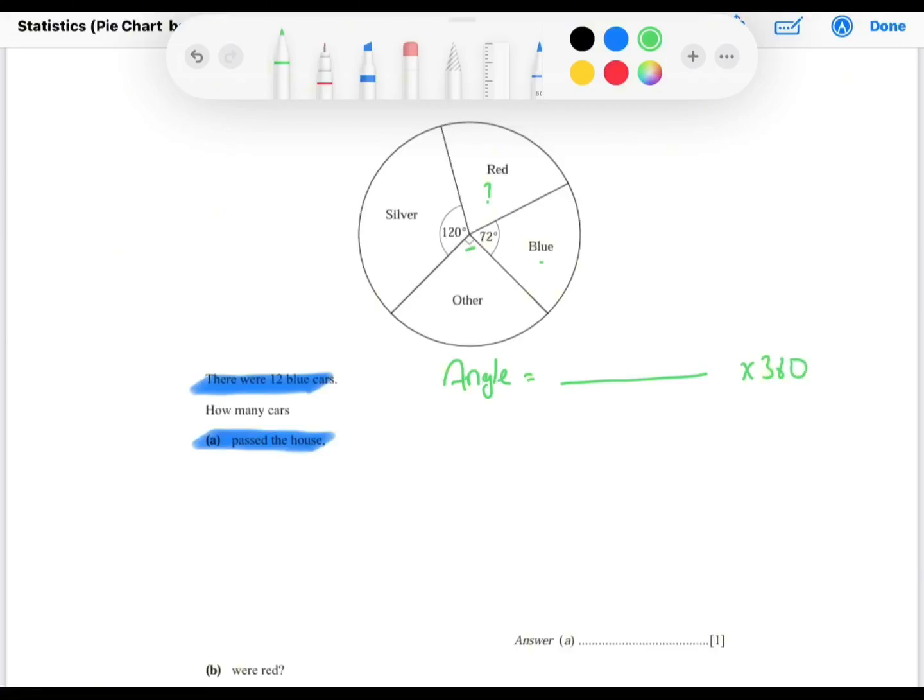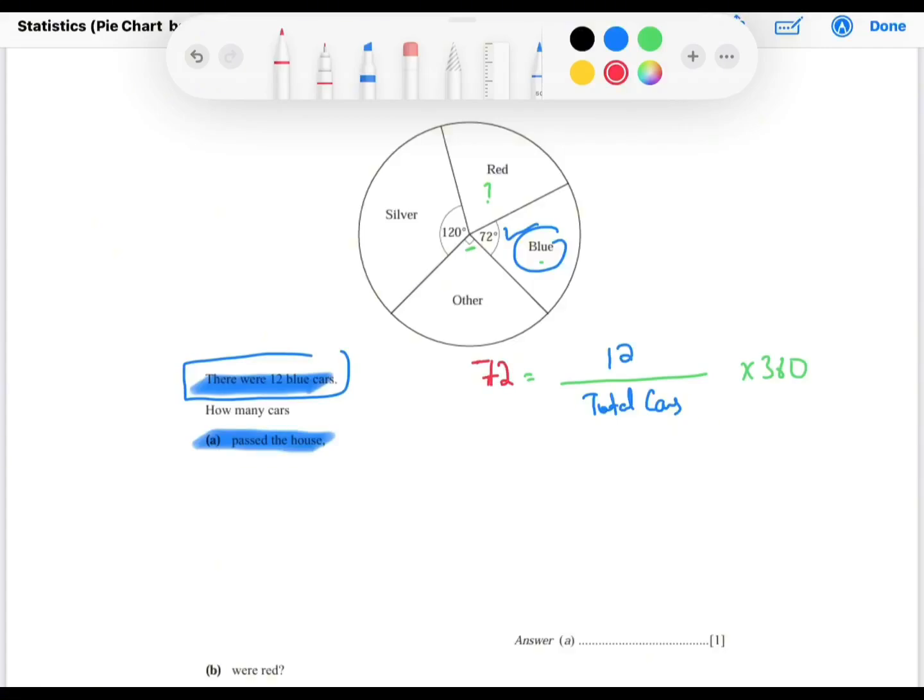Right now I have the data of blue cars, I have an angle as well, and I have the number of cars of that category. The number of cars will be 12. We don't know the total cars, so I will write total cars here. We also know the angle of blue, so I will use the blue car data to find the total cars.